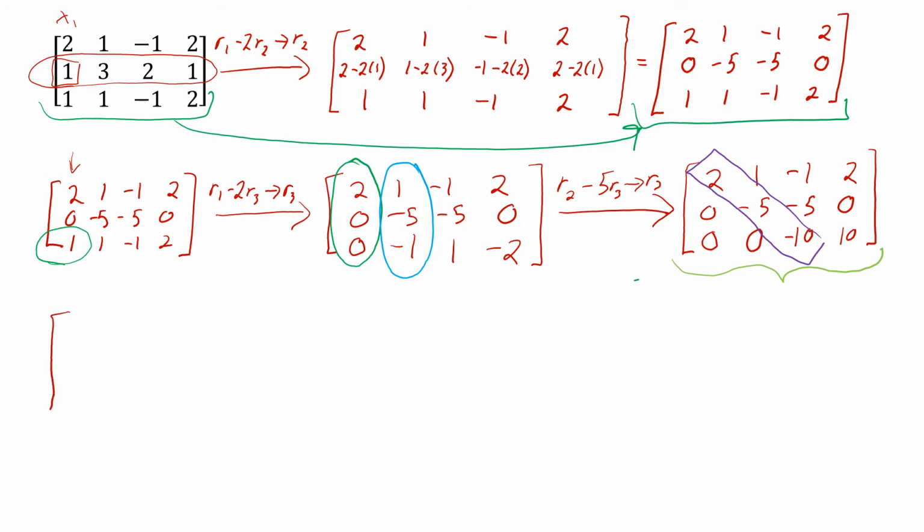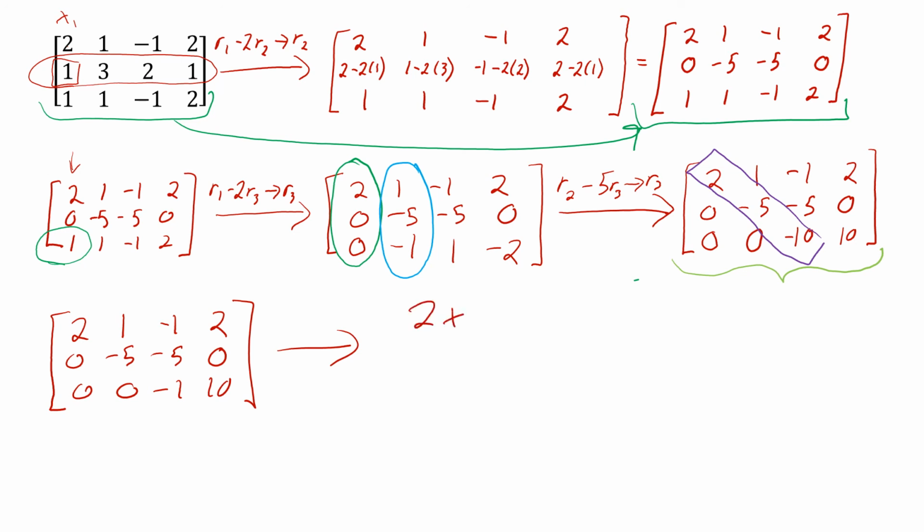So I'm going to rewrite that matrix: 2, 1, minus 1, 2, 0, minus 5, minus 5, 0, 0, 0, minus 10, 10. And let's rewrite this as the equations. Turn it back into equations. This was a 2x plus y minus z equals 2.